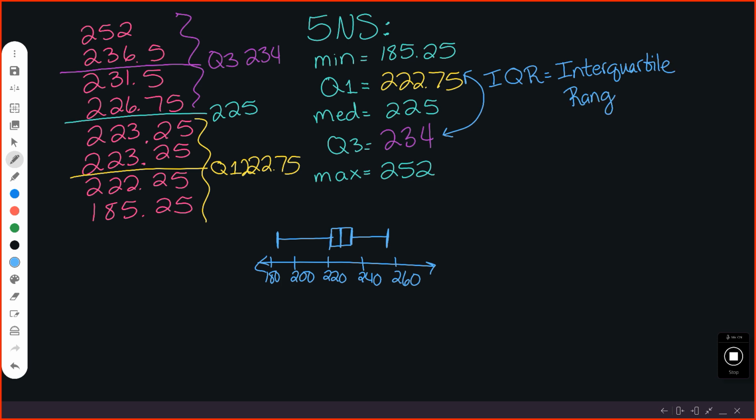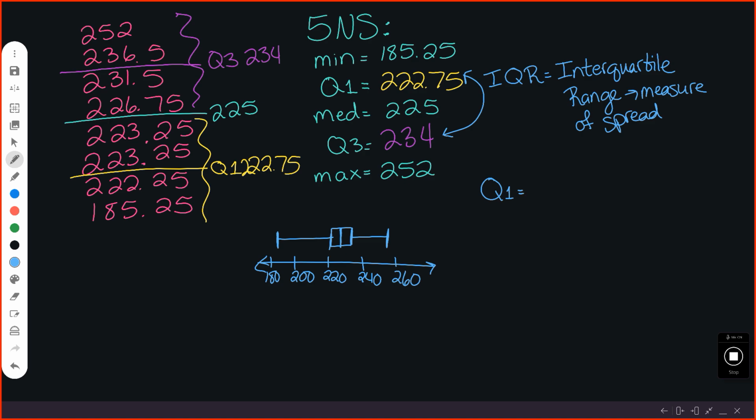And that's a really commonly used measure of spread. Right, and when we look at the IQR and how small it is here, it tells us that most of our data is really clumped together, right?